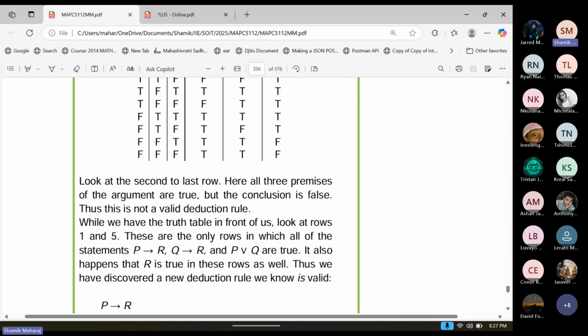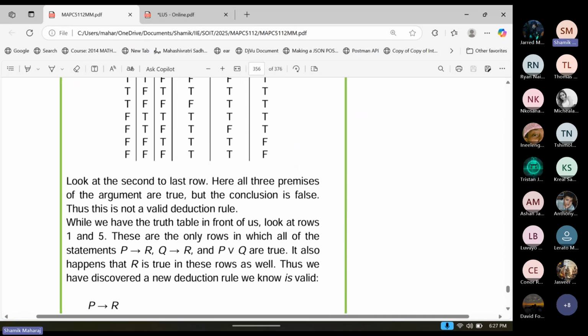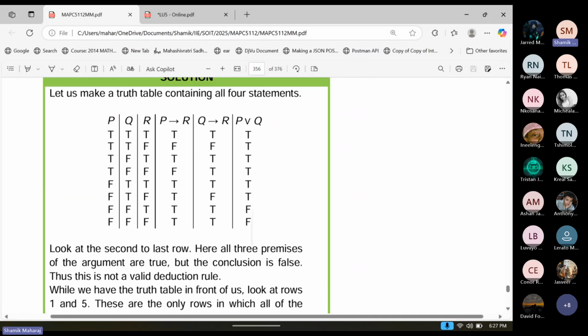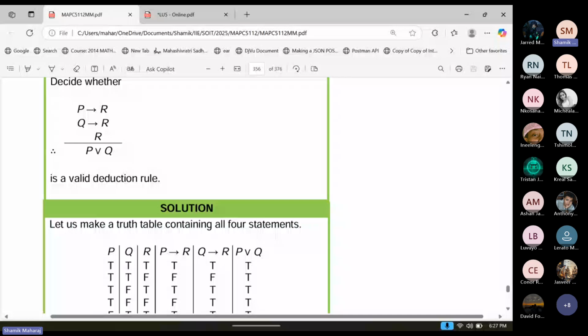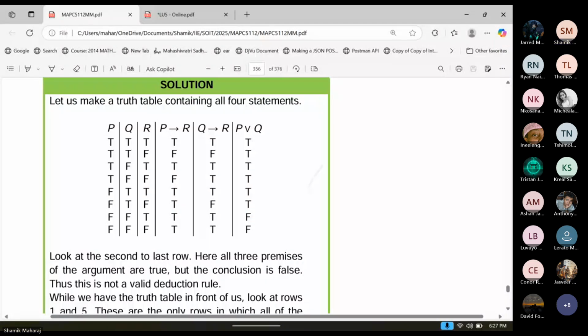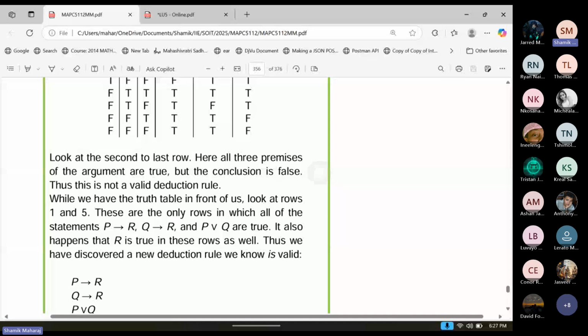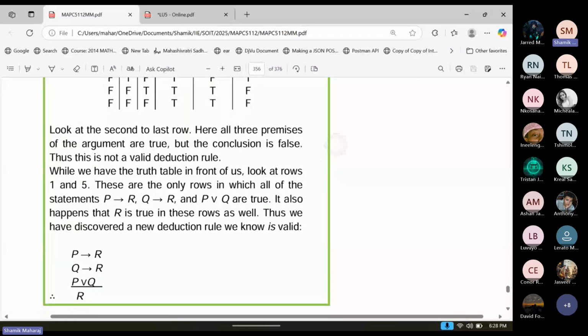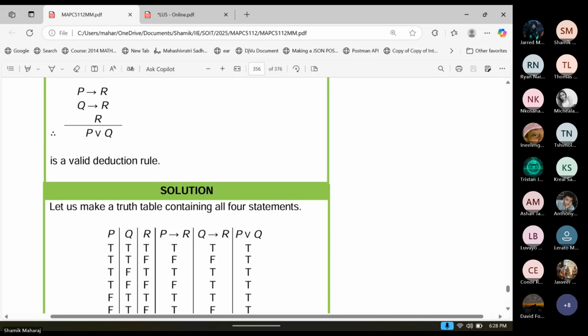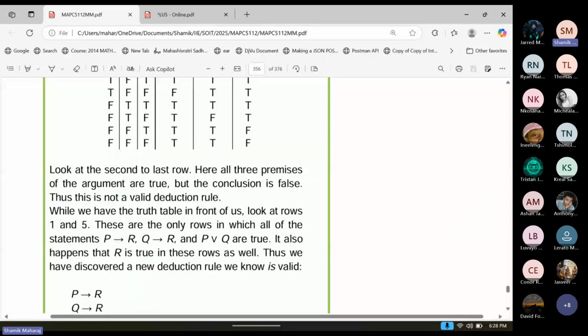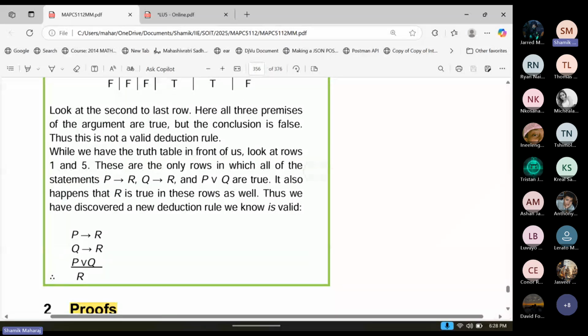They are using if P then Q, if Q then R. They didn't use the Q for some reason. Why is that now? Oh no, they're talking. Oh, okay, no.